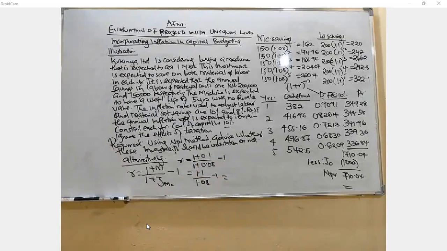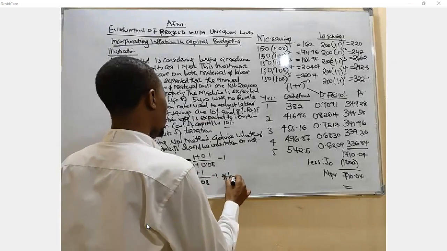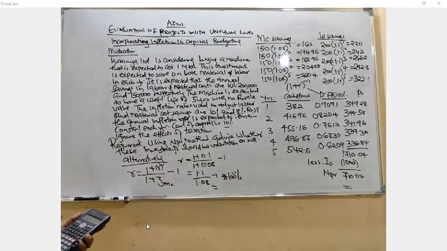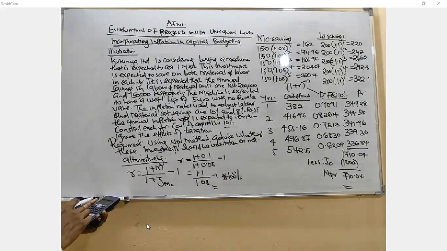Someone has told me it should be 0.01. If you multiply by 100%, what is the percentage? What is the percentage?